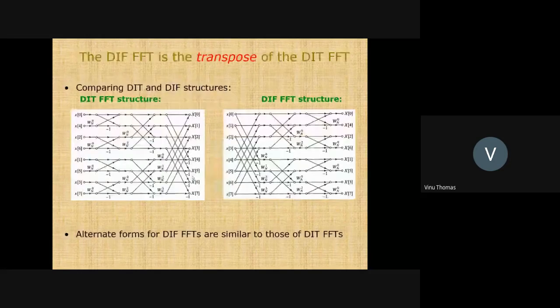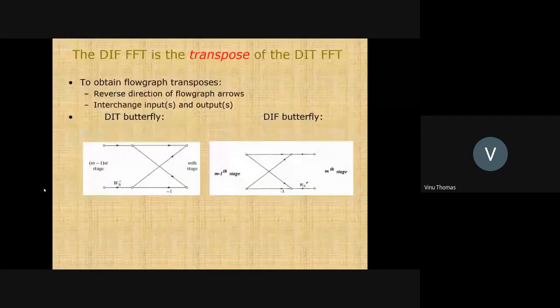For example, here you have 8 inputs and 8 outputs. And there are also signal flow graphs where you have one input and one output. You call those single input, single output signal flow graphs, SISO signal flow graphs.